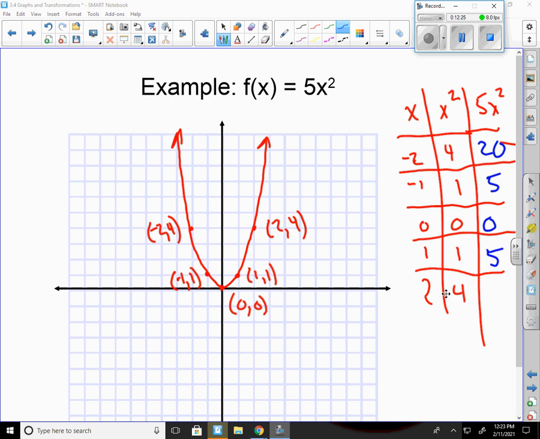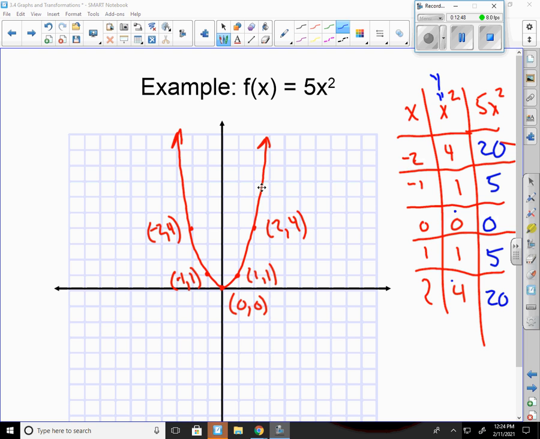And 2 squared is 4 times 5 is 20. I could have also just taken my parent function values for what would have been y, and multiplied each of those by 5, because that's what we're doing to the function.